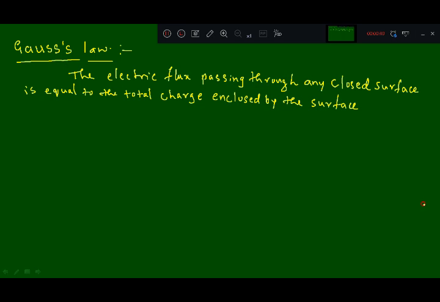Any surface having the flux phi is nothing but equal to the total charge enclosed by the surface, that is Q.